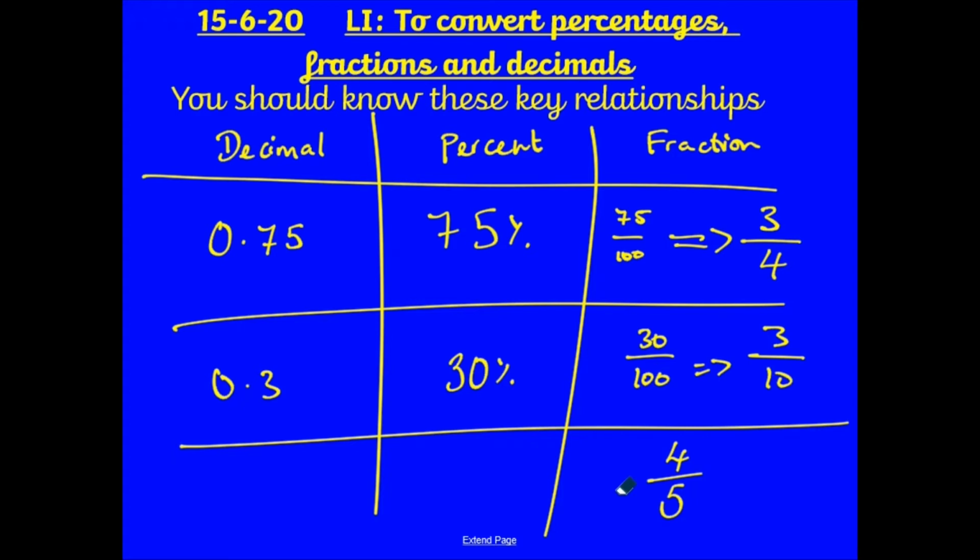And 4/5. Again, we've just mentioned this one here. Now, if you know that 1/5 is 0.2, 4/5 is going to be 0.8. Then that will be 80%. And you can see that all of these link.